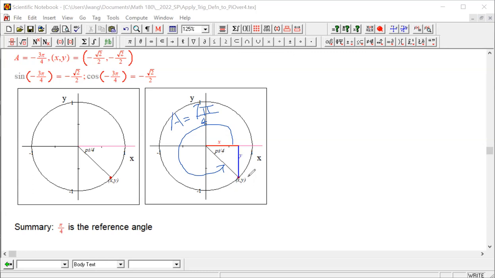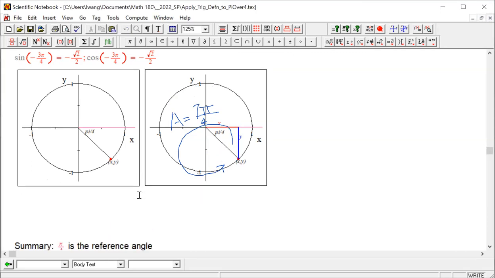Then this is the same triangle, except x is positive and y is negative. And we know the values for x and y. So in this case, the angle is 7 pi over 4.